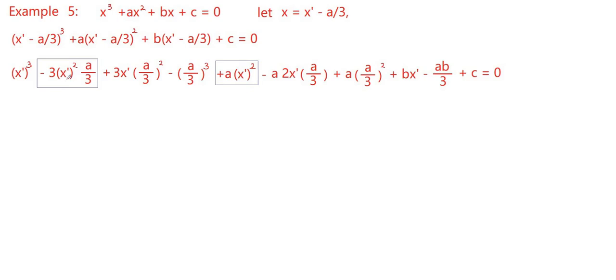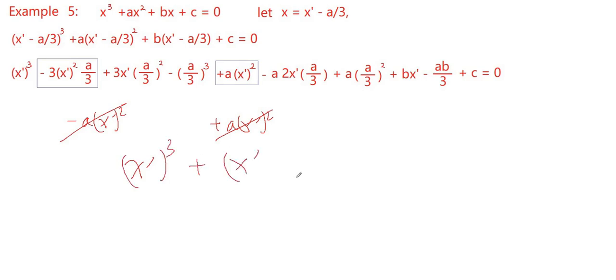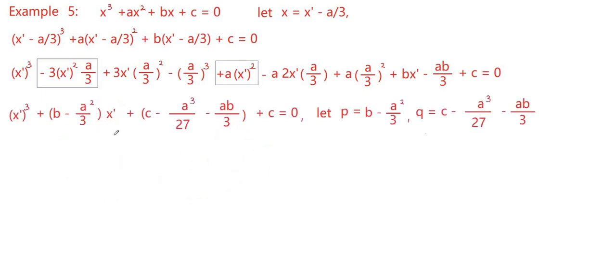You can see the x square item is minus ax dot square, and here it is plus ax dot square, so it can be cut off. So only cube and x dot item exist, and this is our favorite. So we combine two related items, and we get this equation.